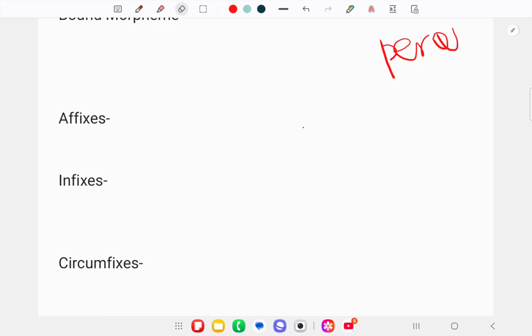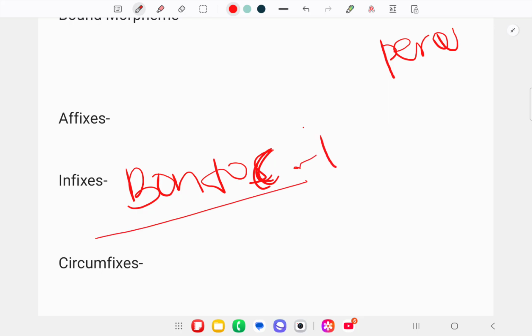Infixes are morphemes that are inserted into other morphemes. Infixes are especially used in the Bontoc language, which is spoken in the Philippines.